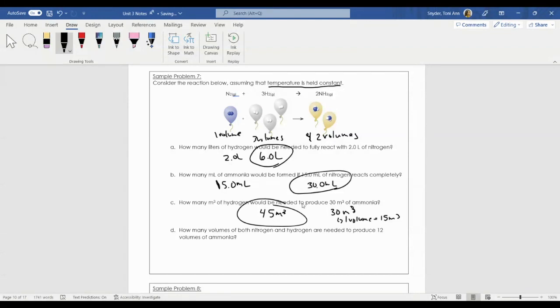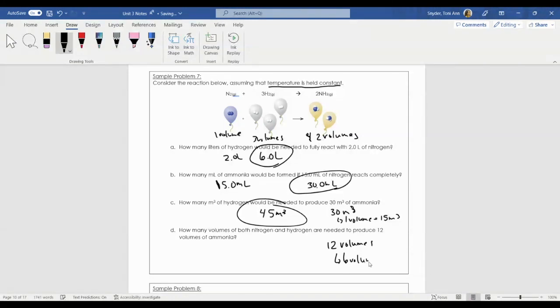Then it says how many volumes of both nitrogen and hydrogen are needed to produce 12 volumes of ammonia. So here's 12 volumes. Again, in this case, it's not even giving me any units. It's just 12 volumes. If I look at this balanced equation, if this coefficient is 2, I'm going to divide it.